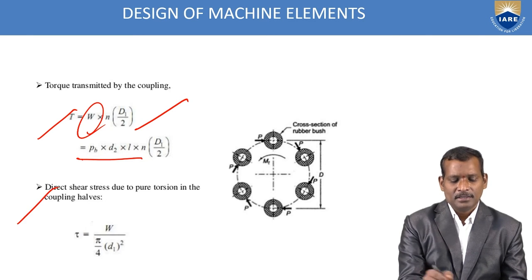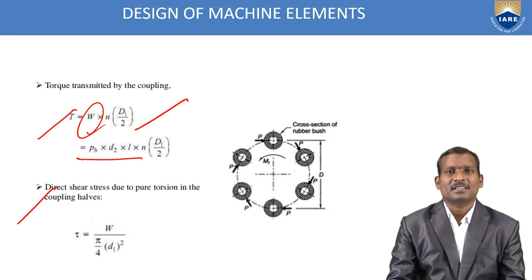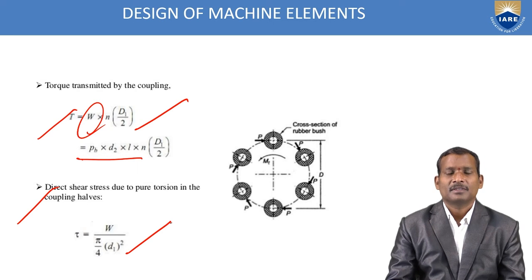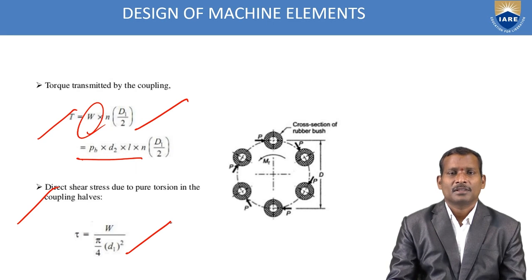Direct shear stress due to the pure torsion in the coupling. The direct shear stress induced due to the torsion: how to calculate? Shear load upon area, W divided by pi by 4 into d1 square.